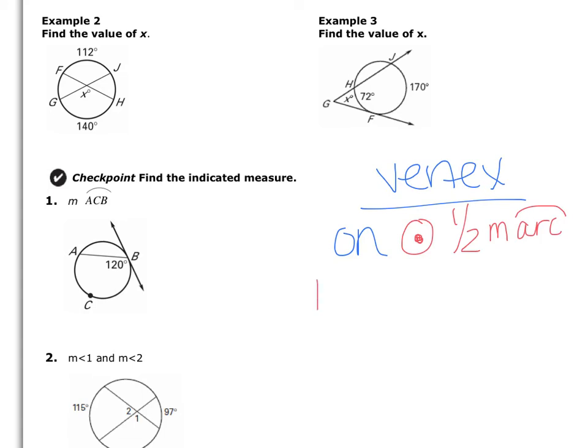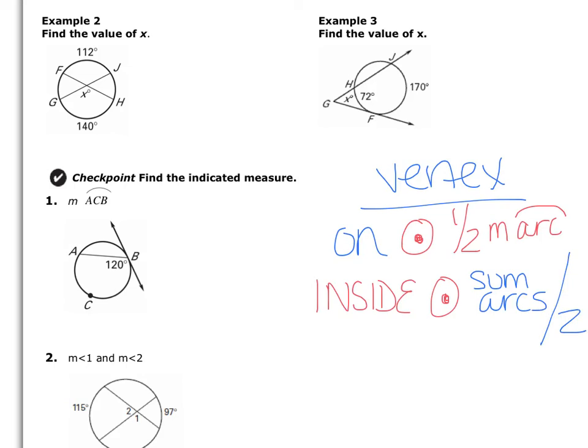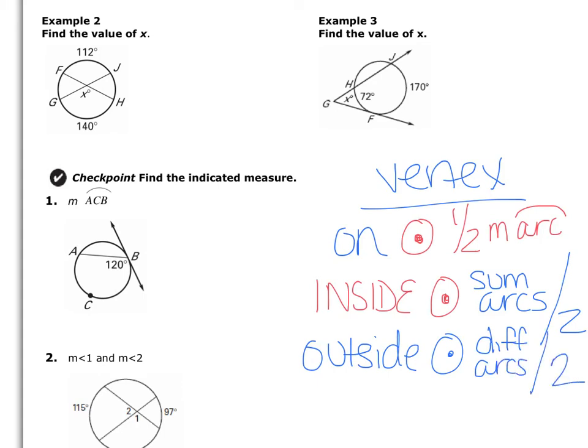If it is inside the circle, it's the sum of the arcs divided by 2. If it is outside the circle, it's the difference of the arcs divided by 2. So have all those straight.